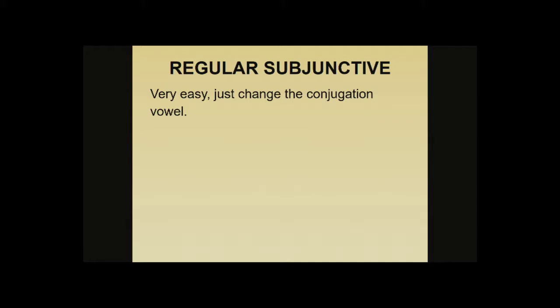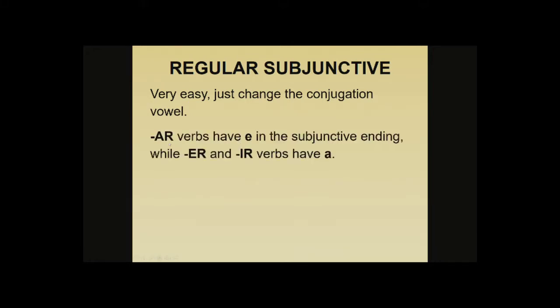If you've got an AR verb, you have a conjugation vowel which is the E basically. You have the ER endings, and if you've got an ER or an IR verb, you use the AR endings. So all you do really is just reverse or change the conjugation vowel. So AR verbs have E in the subjunctive ending, and ER and IR verbs have A. So if you know the indicative, you automatically know the subjunctive.